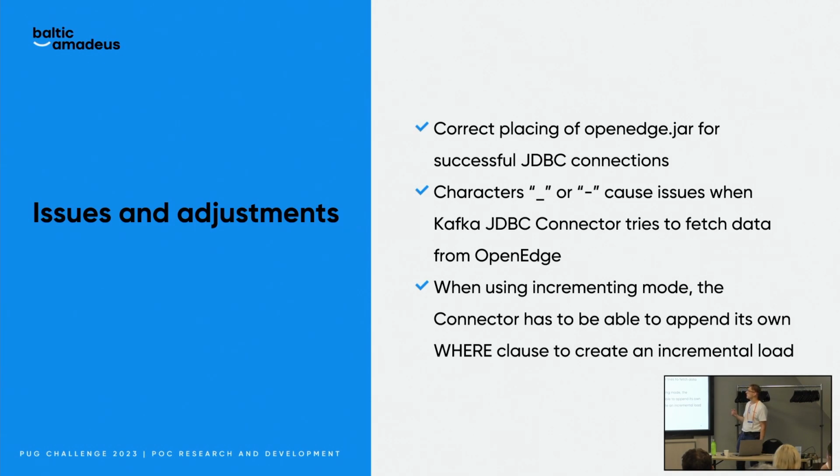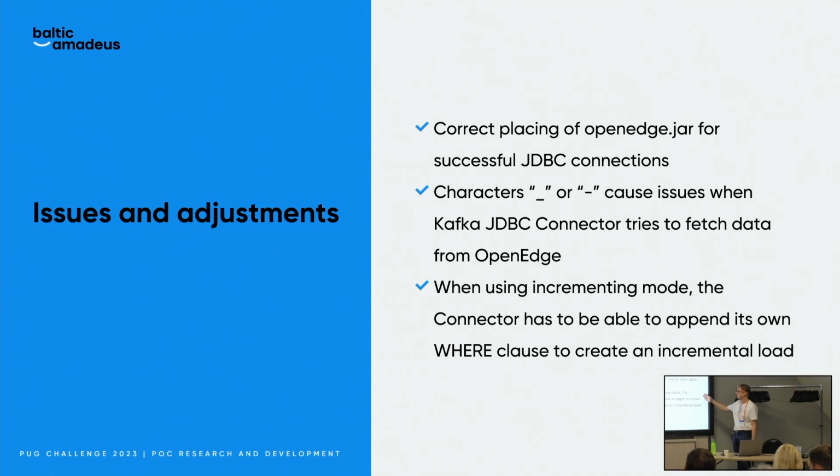The other things were for the query writing, the underscore characters or the dashes can cause issues when writing the Kafka JDBC connector query. So we had to do some escape adjustments. And again, in incrementing mode, so the connectors have their own modes, but we were using the incrementing mode. The connector has to be able to append its own where clause, which meant that inside the main query, we couldn't write any where clauses, but in the subqueries, we could.